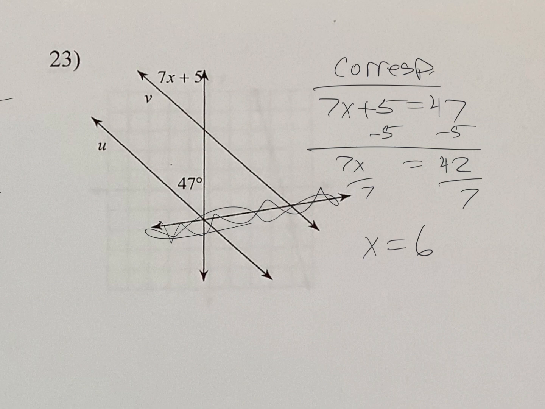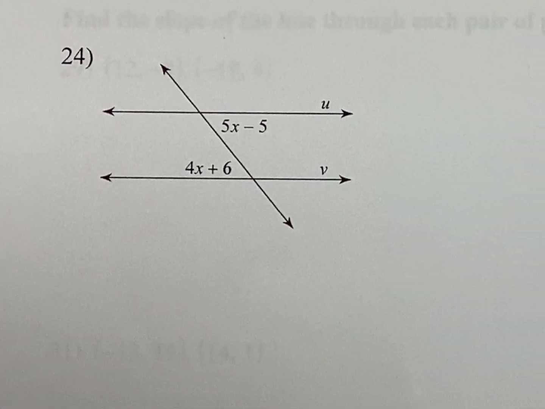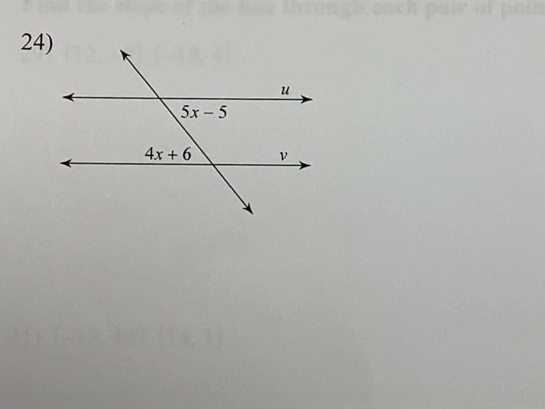Okay. 24. Pretty straightforward. These are both inside the parallel lines, but they're alternating around the transversal. So, alternate interior angles. They're both acute. So, 5x minus 5 is equal to 4x plus 6.